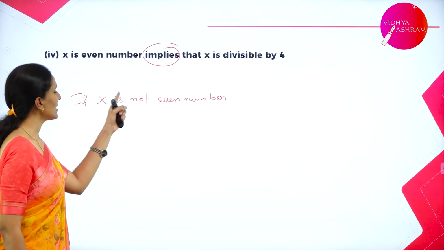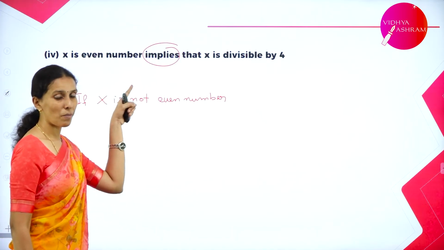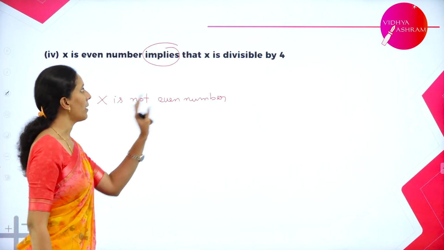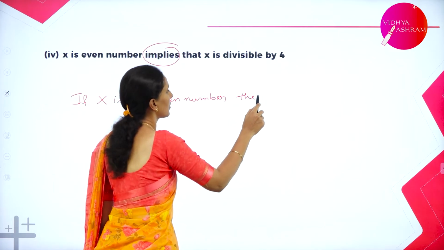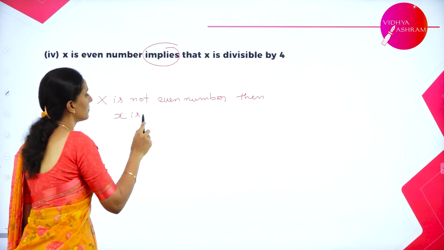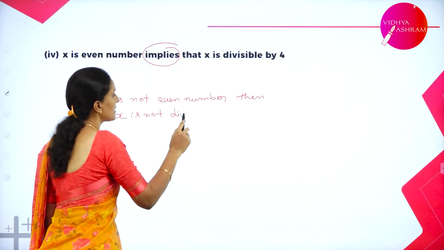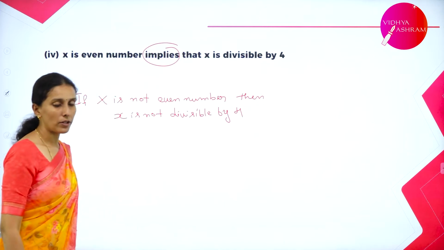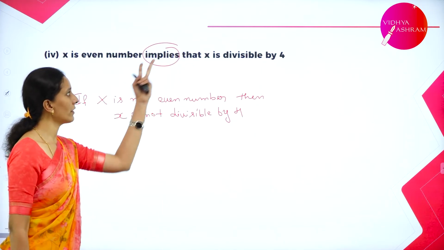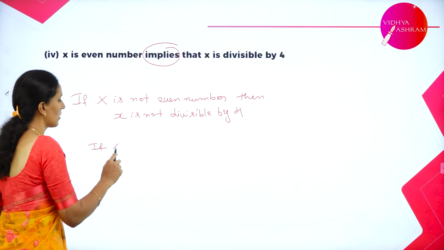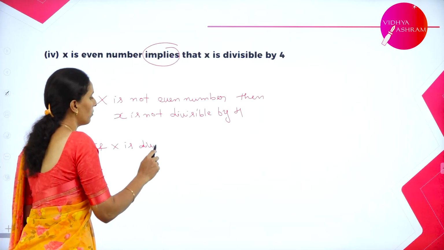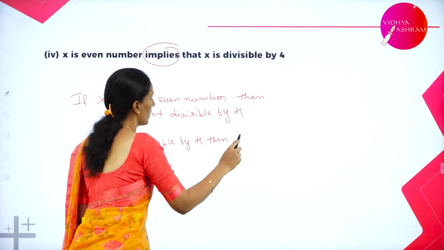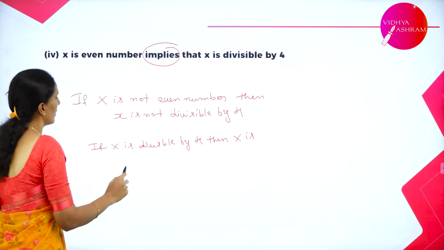Now for the contrapositive, we have to negate the statement: if x is not an even number, then x is not divisible by 4. So this is the contrapositive statement. Let's take the converse, that is, reverse the statement: if x is divisible by 4, then x is an even number.